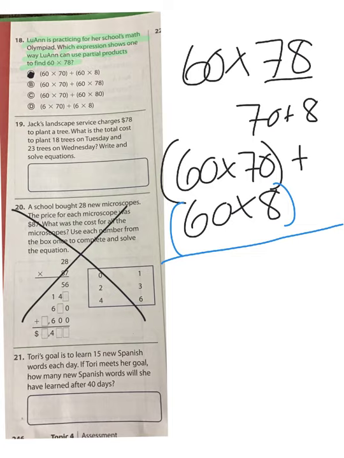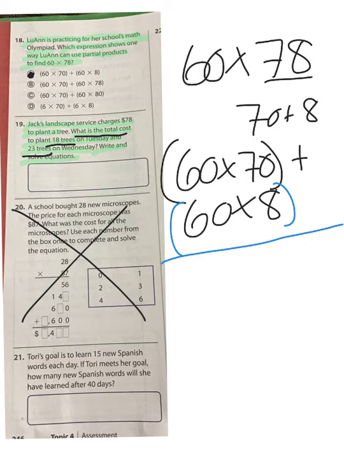Number 19. Jack's Landscape Service charges $78 to plant a tree. What is the total cost to plant 18 trees on Tuesday and 23 trees on Wednesday? Write and solve equations. This is a multiple step problem. First, we have to add to find out how many trees we're planting.